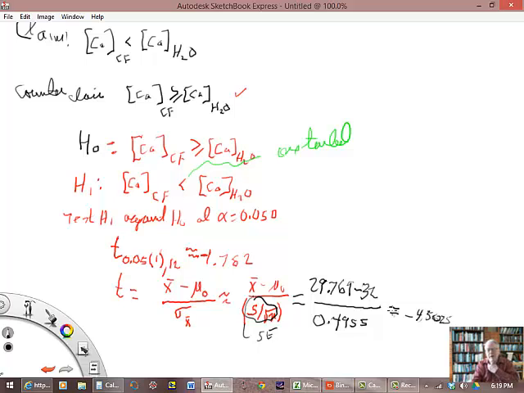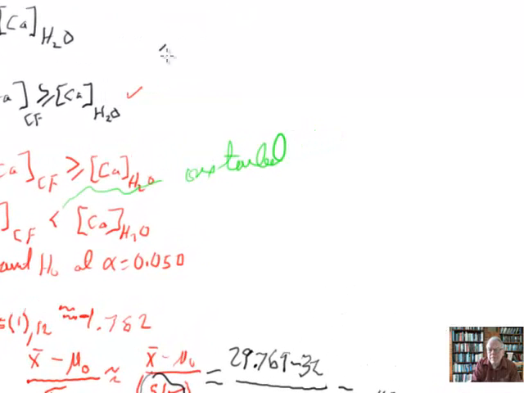I need to compare that to my hypothesis here. You'll notice that my test statistic is more extreme. That is to the left of the critical value.